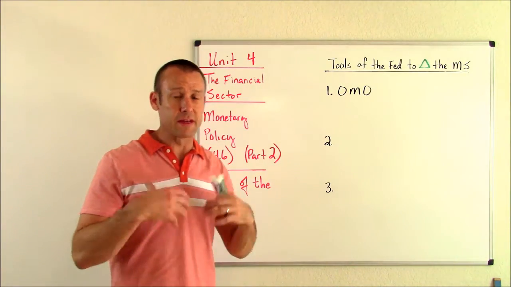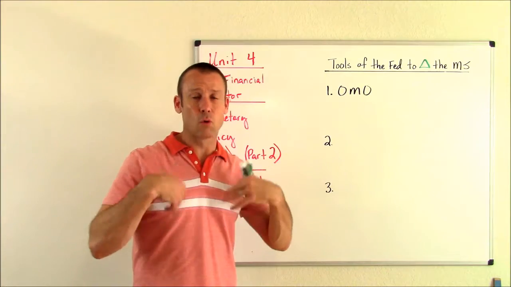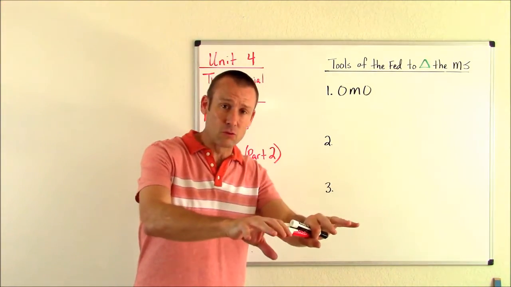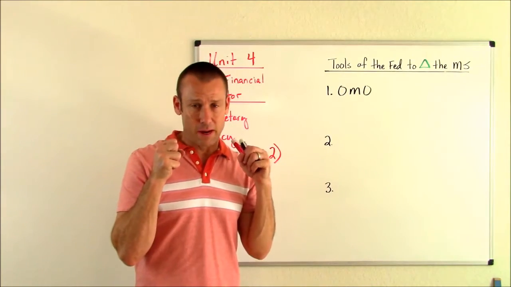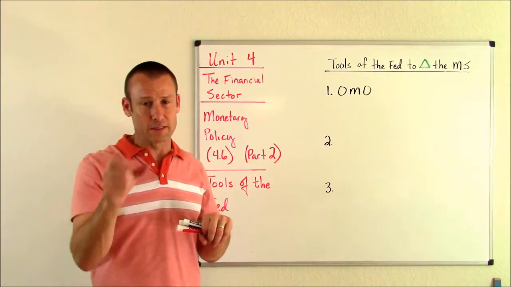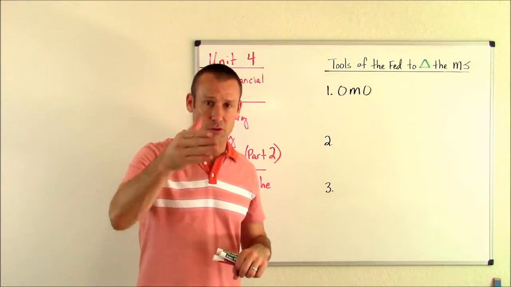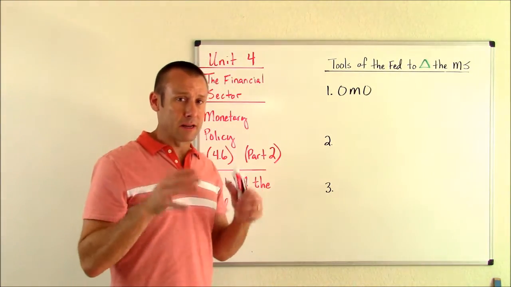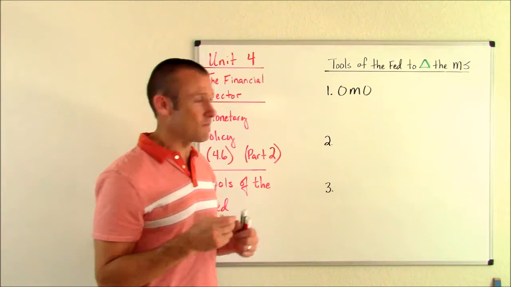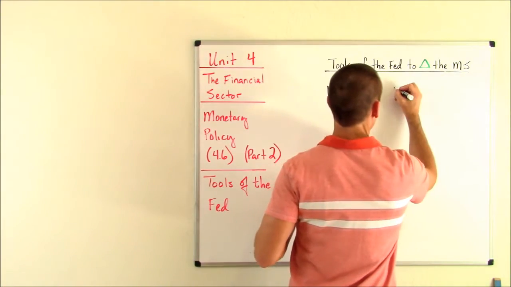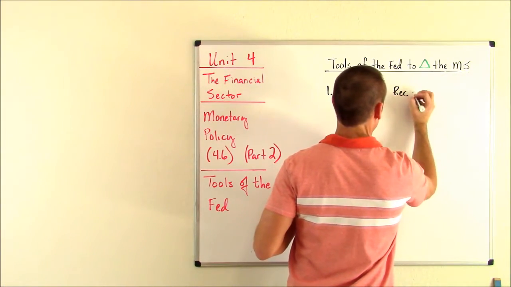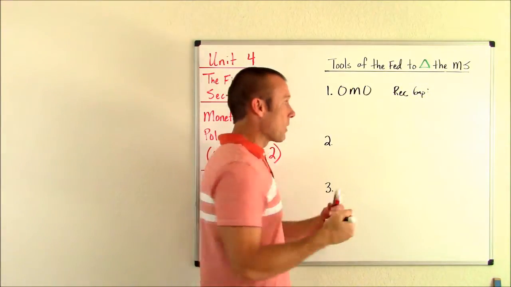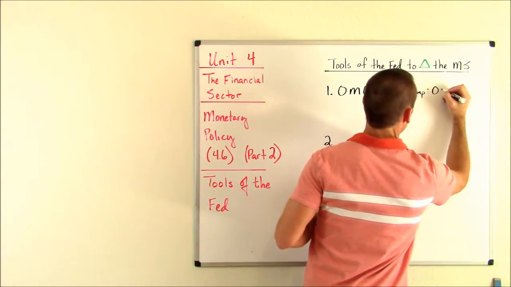So OMO, open market operations, that's their number 1 thing. They either buy bonds or sell bonds, and that is their way to put reserves into the banks or take reserves out of the banks. Let me make sure that we are clear. If we are in a recession, what is the Fed going to do? If we are in a recessionary gap, they are going to do open market purchases.